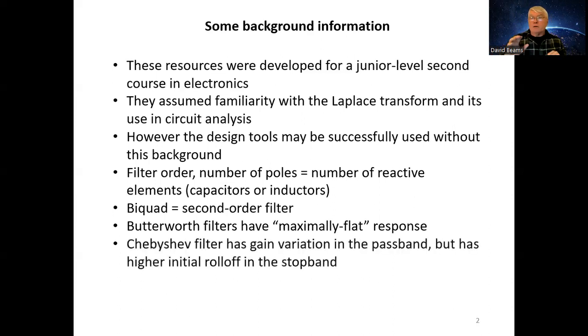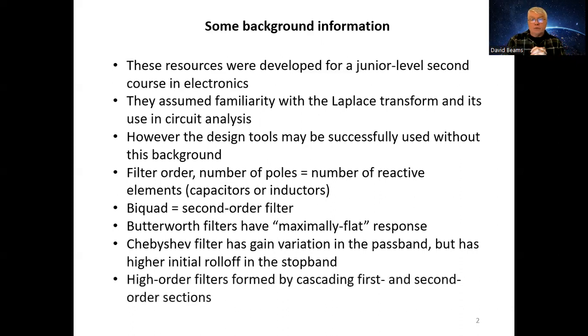On the other hand, the Chebyshev filter, which you'll hear me mention, has some gain variation in the pass band, but it has a higher initial roll-off rate in the transition from pass band to stop band. And higher order filters are formed by cascading lower order sections.